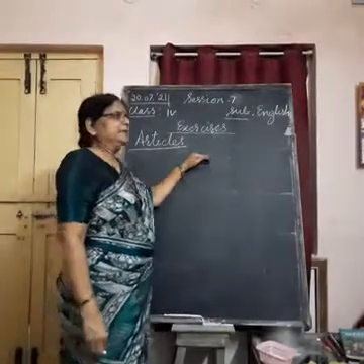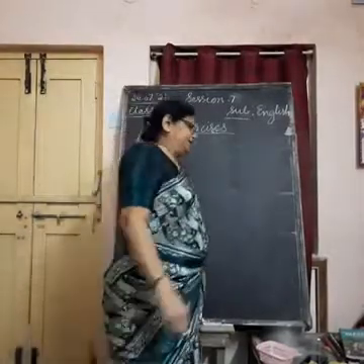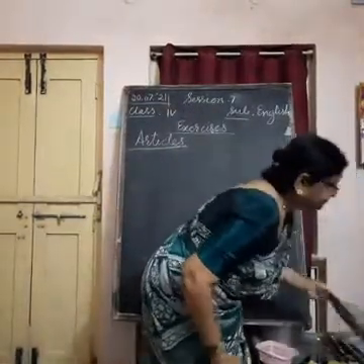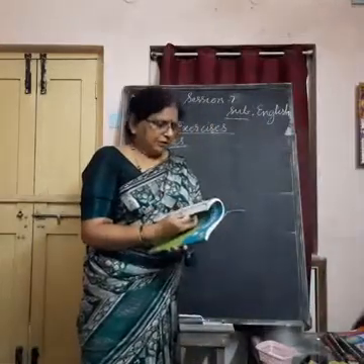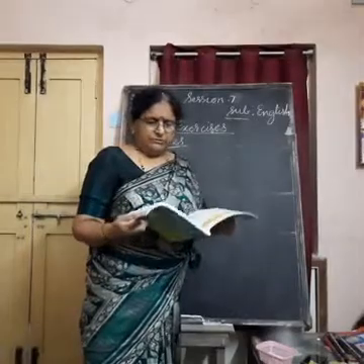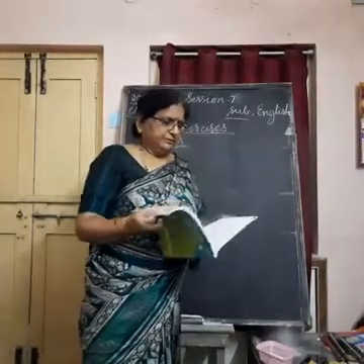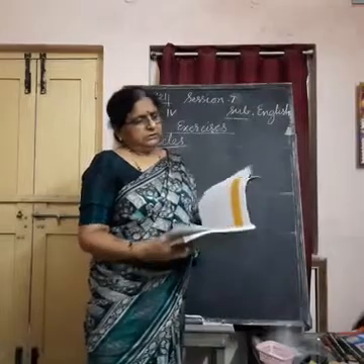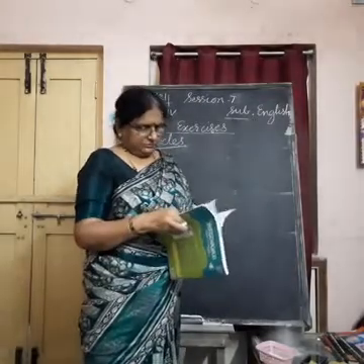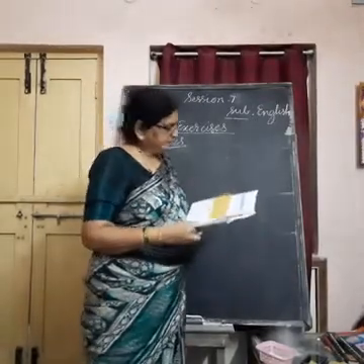In English grammar, we use articles to show whether the thing is singular or plural or about its quality, to which state it belongs. Understand?